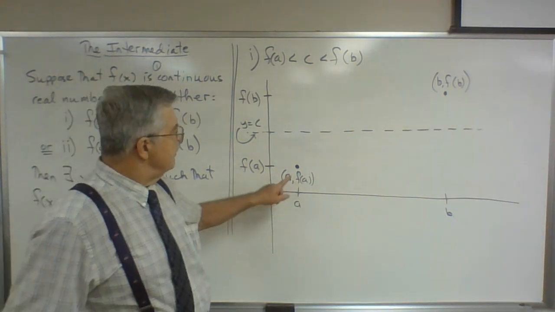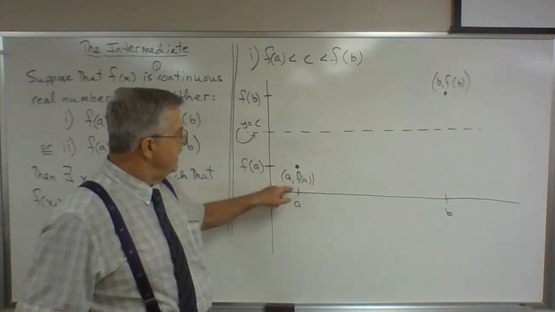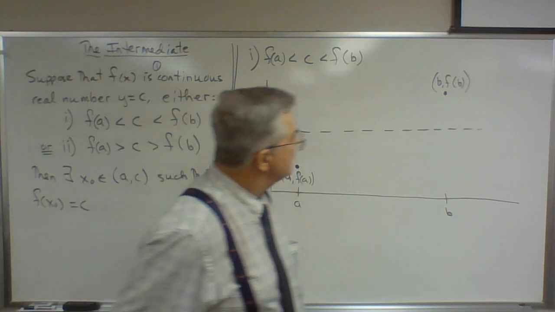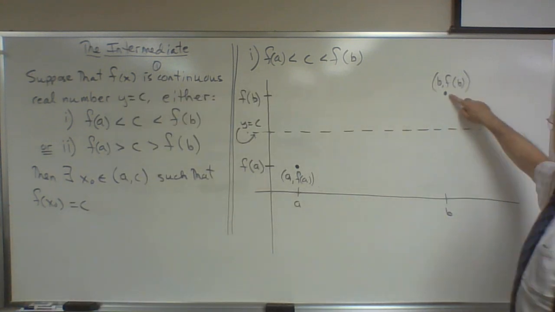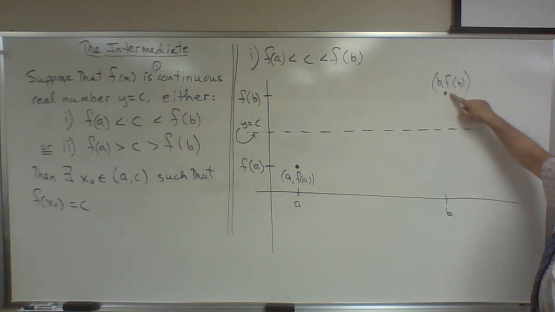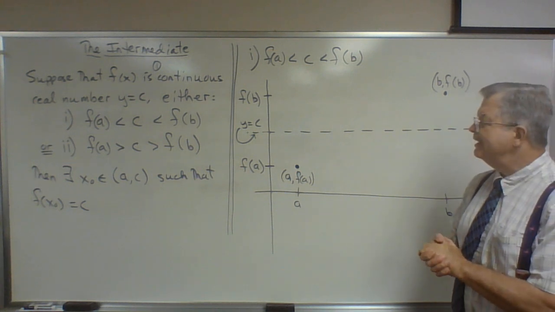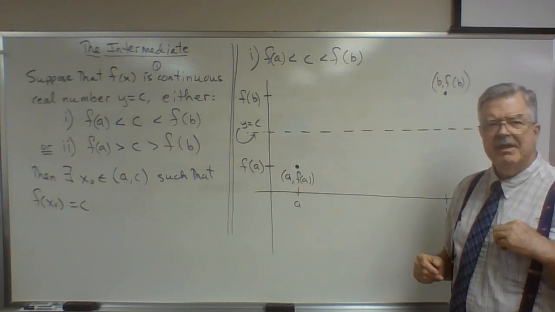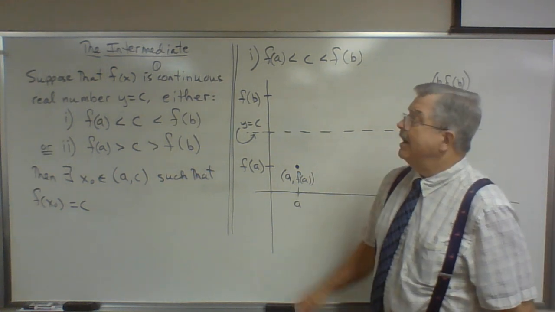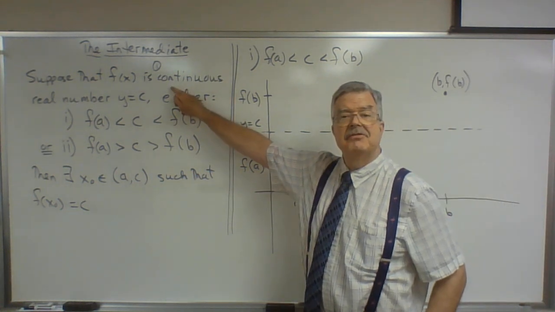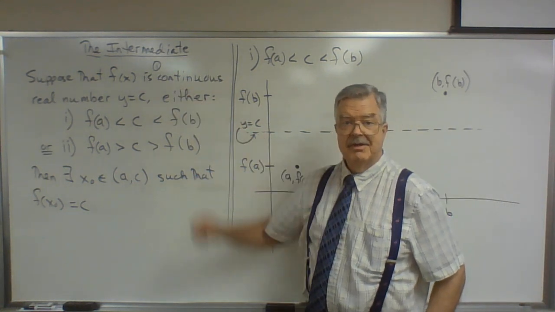Here's the point on the graph of f of x, a, f of a. Here's the point on the graph of f of x, b, f of b. And what am I missing here besides the graph of f of x? The fact that f of x is continuous.